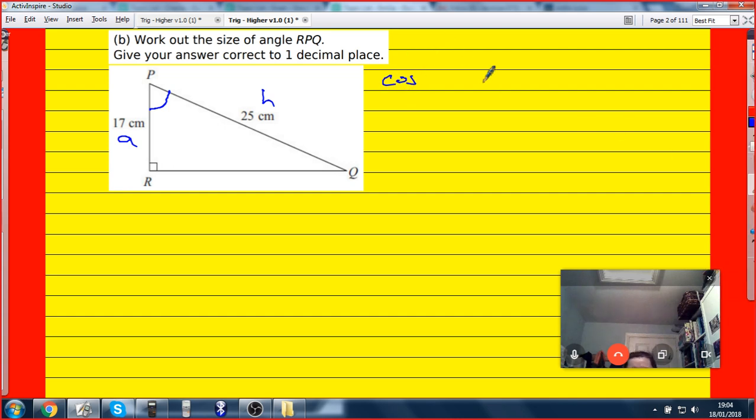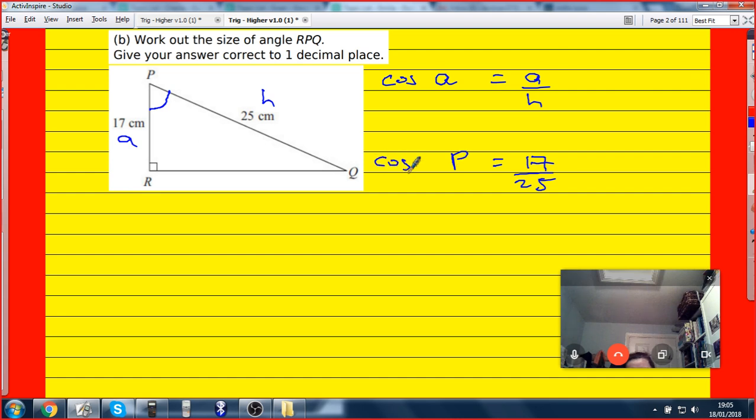And what I would say is sine, cos, and tan have to be of the angle. So I'll just write cos A for cos of the angle. So then you put 17 over 25. And instead of A, the angle here is P, so I'll put in P.